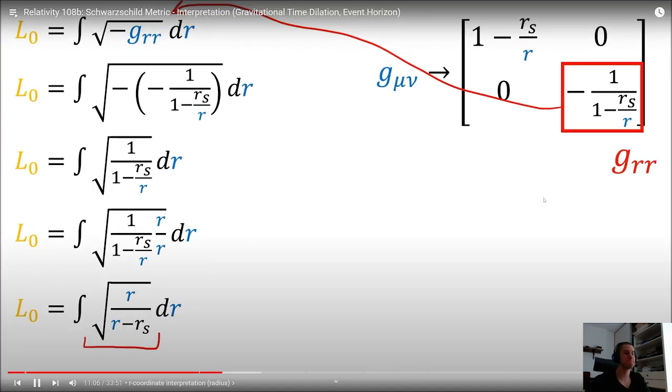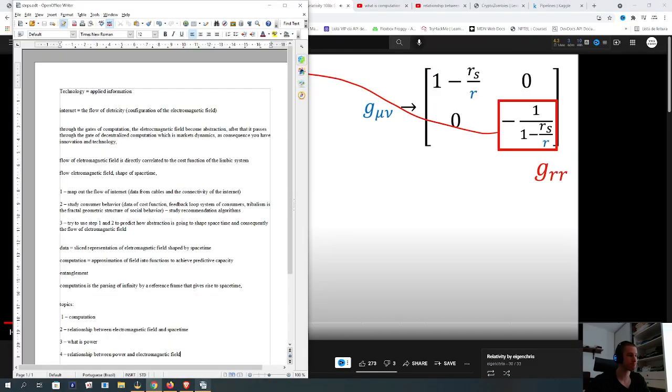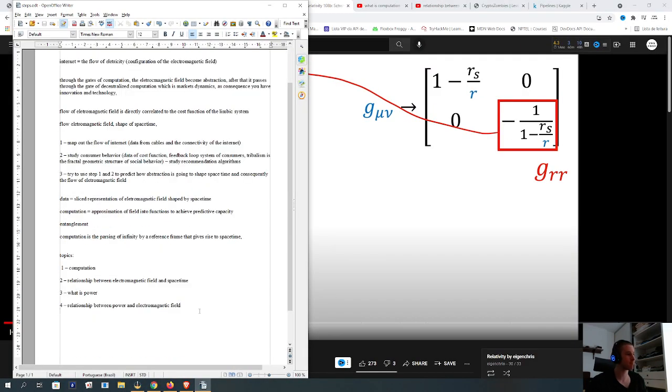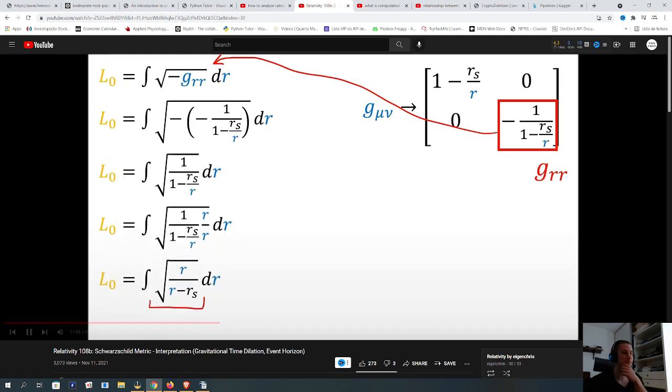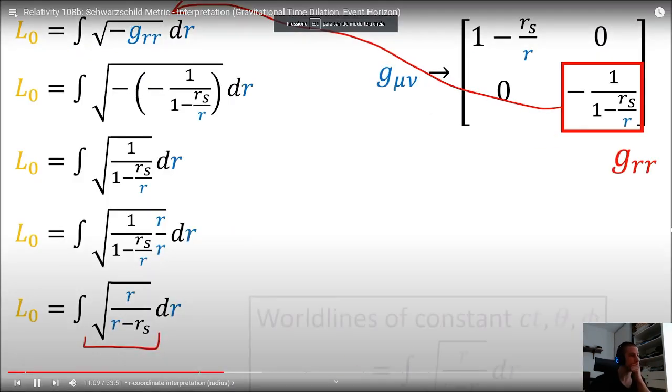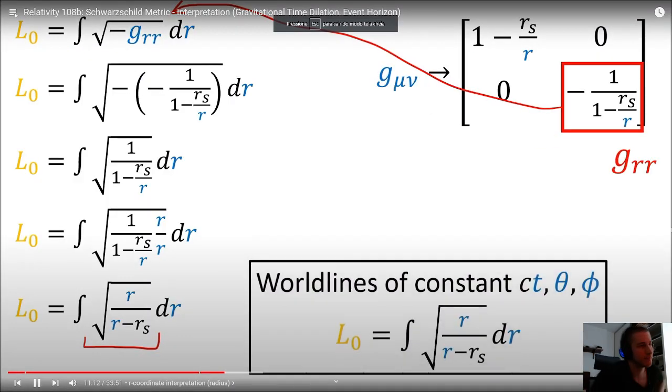This factor depends on r. And since the integral is over the r variable, we can't just pull this factor out of the integral.